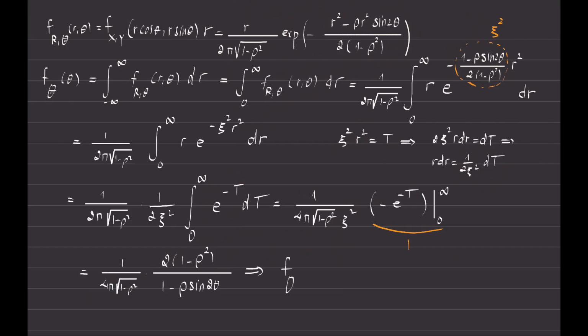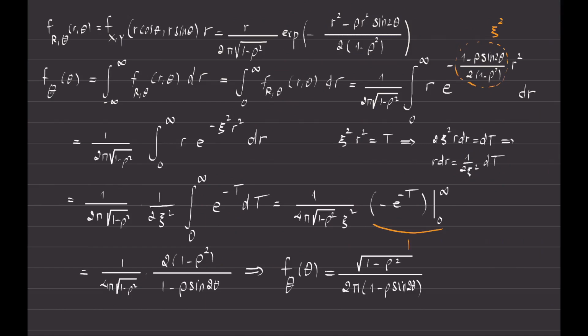So the marginal distribution function for theta is indeed equal to square root of 1 minus rho squared divided by 2 pi multiplied by (1 minus rho sine 2 theta). So that is what we have.